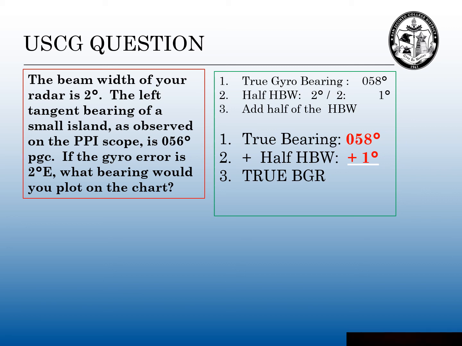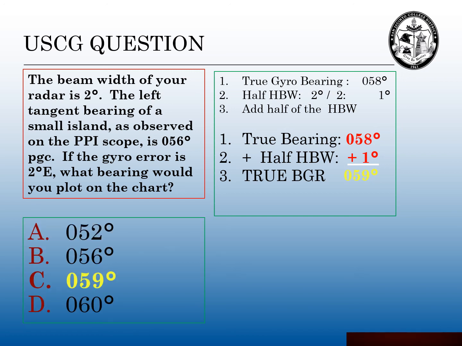Since we're on the left tangent bearing, left add, if you use LARS, we're going to add half that beam width, that 1 degree, to the 0.58, and the correct answer is 0.59. So out of your 4 distractors on an examination, Charlie would be the correct choice.